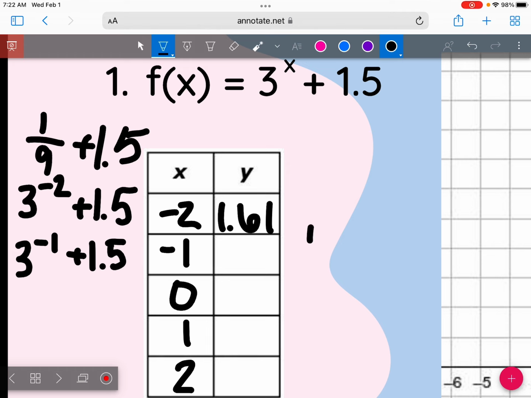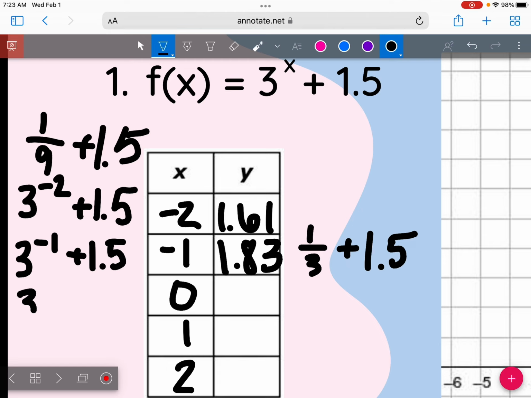And then same thing with -1. This is also the same as 1/3 plus 1/2. What do you get? Anyone got anything? Do you have it, Ryan? 1/3. Don't forget to add the 1/2 to it. Should be 1.83. Okay?